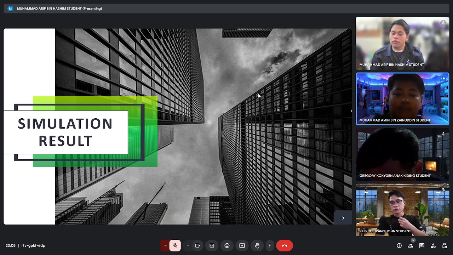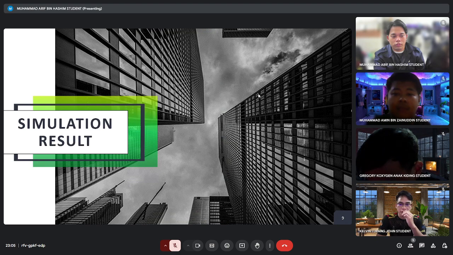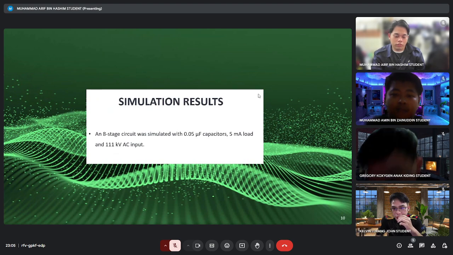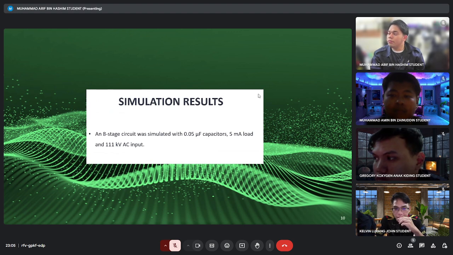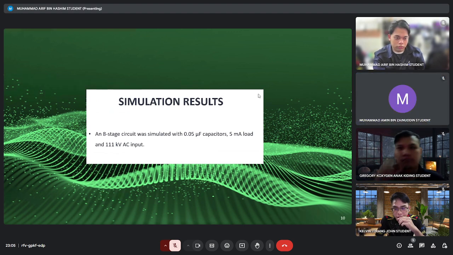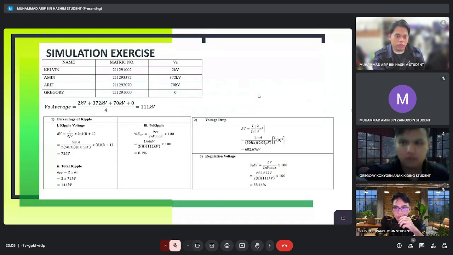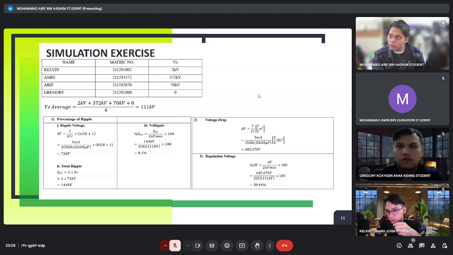Okay, for the result simulation, the circuit was simulated with a 0.05 microfarad capacitor and with a 5 milliampere load and 111 kilowatt AC input. For the calculation, the average voltage for input is 111 kilowatt.